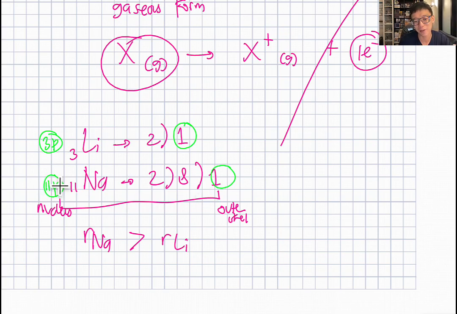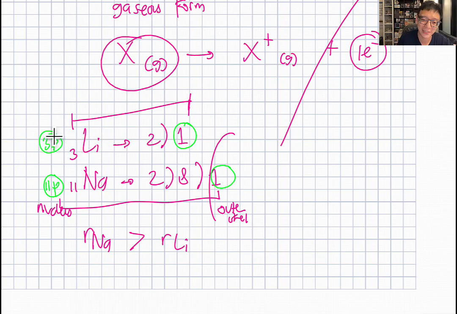Because the thing that is keeping things intact is kind of far, it's very easy for us to just steal this one away compared to stealing from lithium. Because with lithium, the electron is located kind of close to the nucleus.